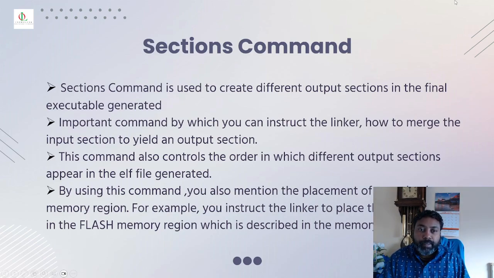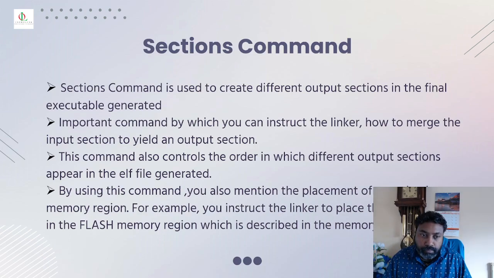The SECTIONS command is used to create different output sections in the generated executable file. It is the important command by which you instruct the linker how to merge the input sections to yield an output section.